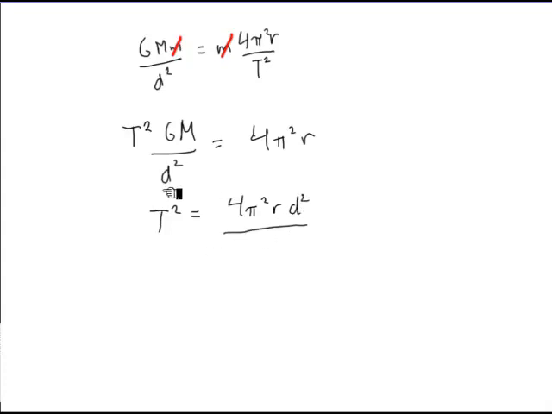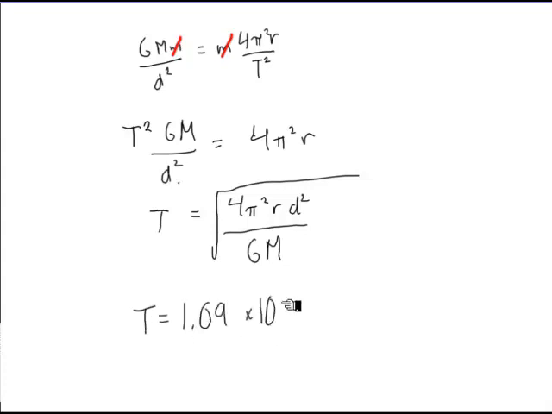Now normally we would have called this r by now, because normally r is essentially the same as d, but you'll notice I'm not doing that there, because they're not essentially the same. And then you just simply take the square root and get that there. Okay? And if you plug in, has anyone done that yet? Does somebody have the answer? Okay, so it's the last answer. The period should be 1.09 times 10 to the 6 seconds.